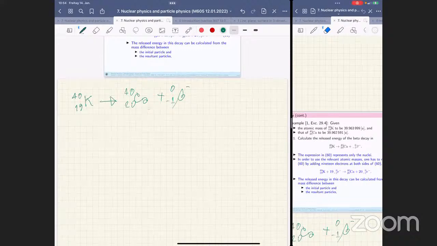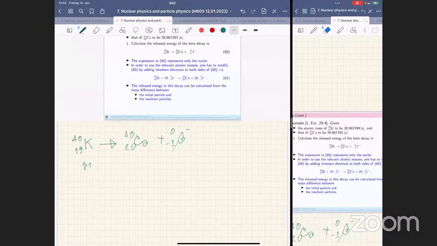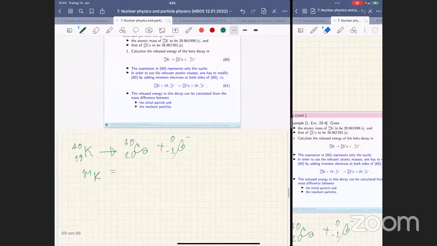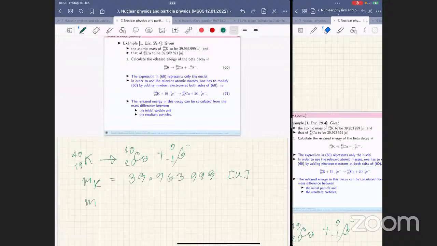Now we will talk about the released energy, right? You know that the mass of potassium-40 is given by 39.963999 atomic mass units, and the mass of calcium is 39.926591 atomic mass units.